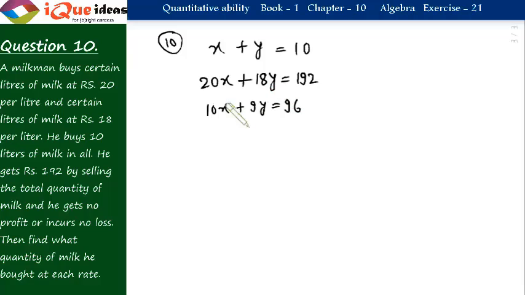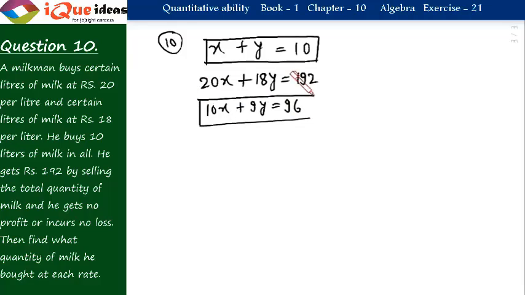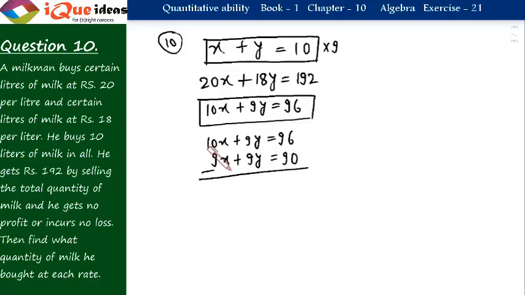So the first equation was x plus y equal to 10. The second equation is 10x plus 9y equal to 96. Let's multiply the first equation by 9. First equation multiplied by 9 will give us 9x plus 9y equal to 90, and then subtract. If you subtract, 9y gets cancelled.